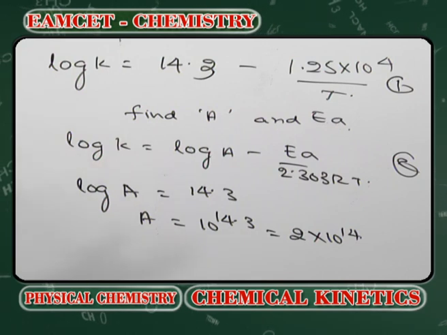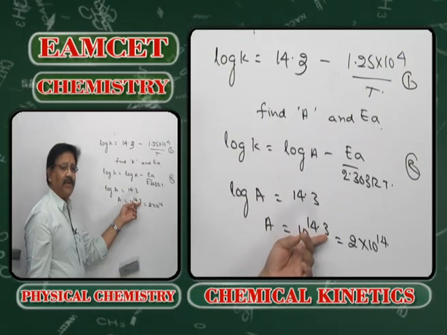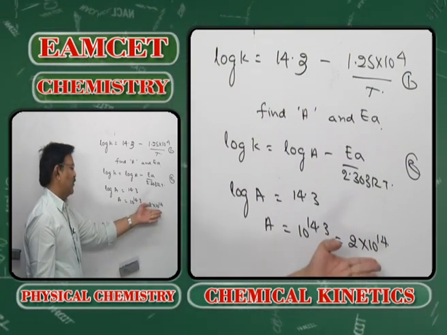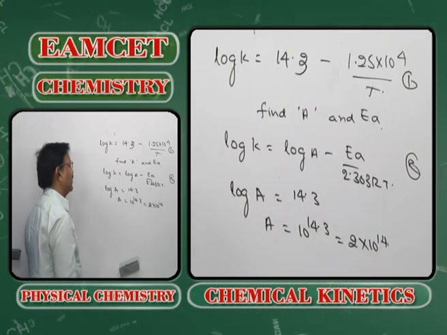We have to take the antilog for 0.3. What is the antilog for 0.3? 2. So 2 into 10 to the power of 14. If you apply logarithms, we'll get back log A equal to 14.3.